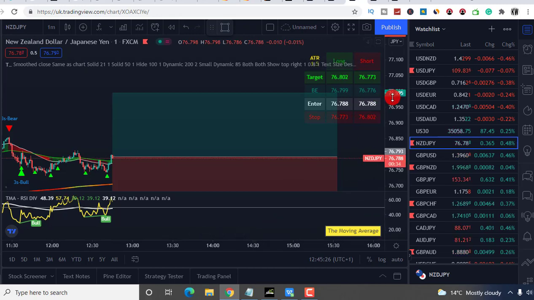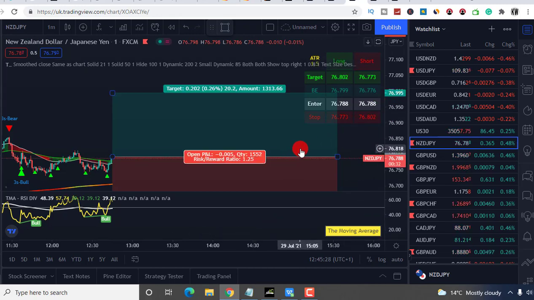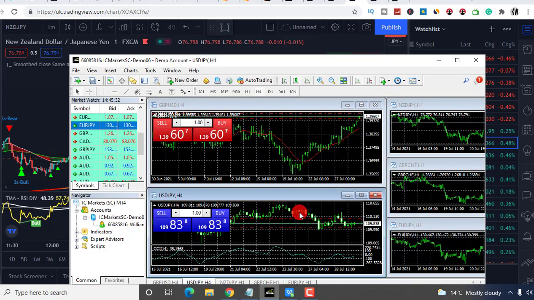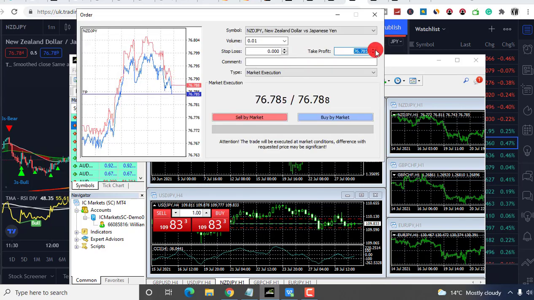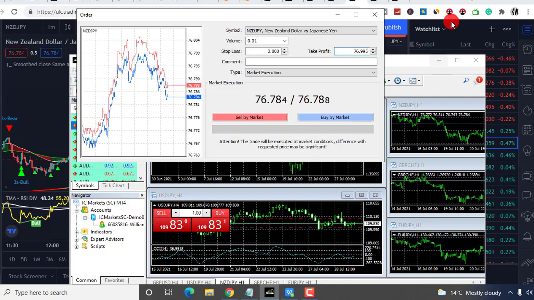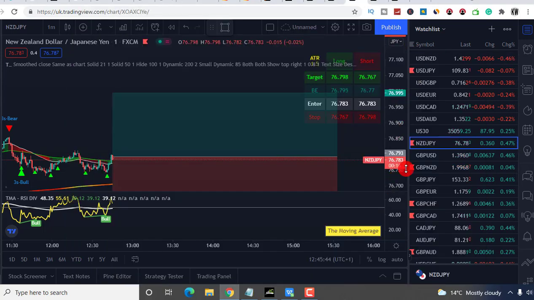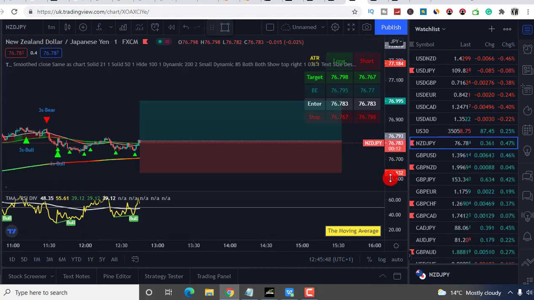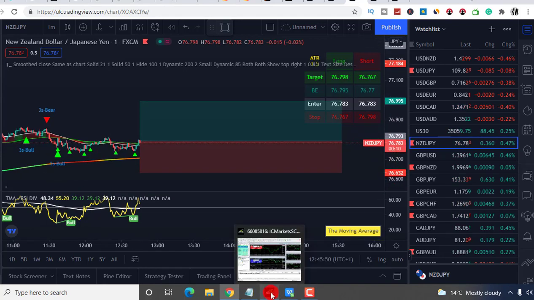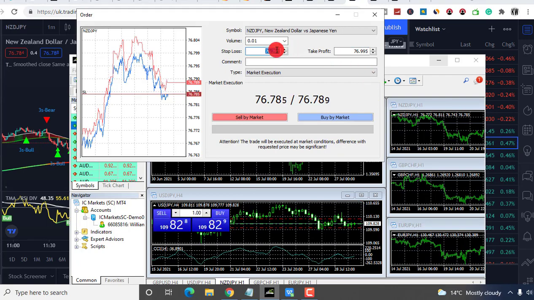Our take profit would be 76.995, and the stop loss would be 76.632. 632 is our stop loss, and we're going to buy.